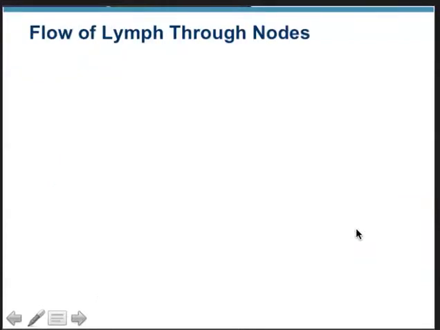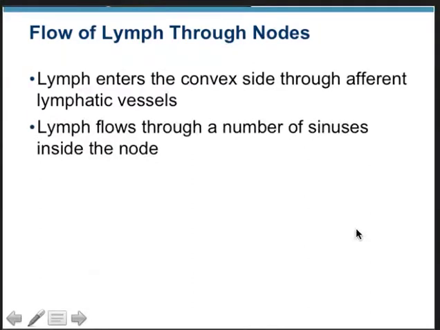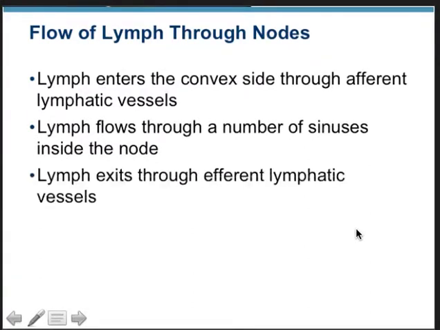So if we look at the flow through these nodes, what we find is that it enters the convex side through the afferent lymphatic vessels. It flows through a number of sinuses, and inside the node, a sinus is just an open space inside an organ that can contain fluid or gas or a combination thereof.